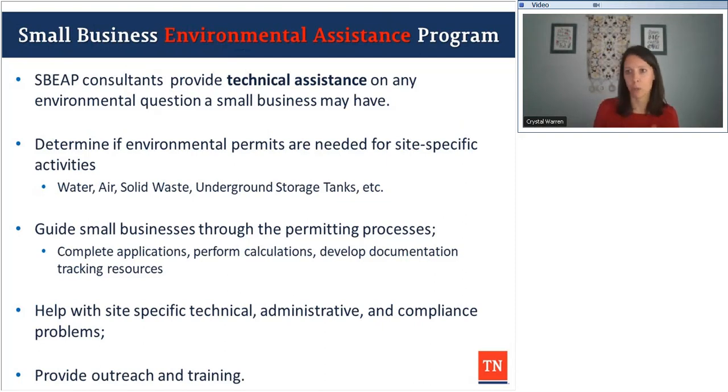So that goes back to, do you need a water permit, solid waste permit, air permit? We also guide small businesses through the permitting process. So we help complete applications. We can perform calculations if necessary. A lot of permits require documentation, and we can help facilities develop that tracking documentation to use on site. We help with site-specific technical, administrative, and compliance problems and provide outreach and training.